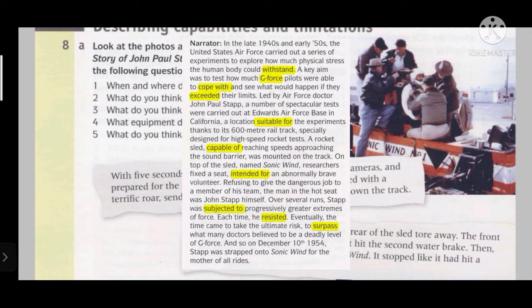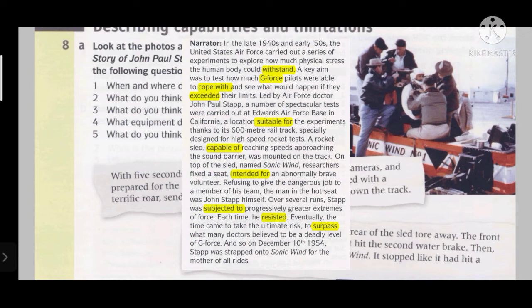In the late 1940s and early 50s, the United States Air Force carried out a series of experiments to explore how much physical stress the human body could withstand. A key aim was to test how much G-force pilots were able to cope with and see what would happen if they exceeded the limits.